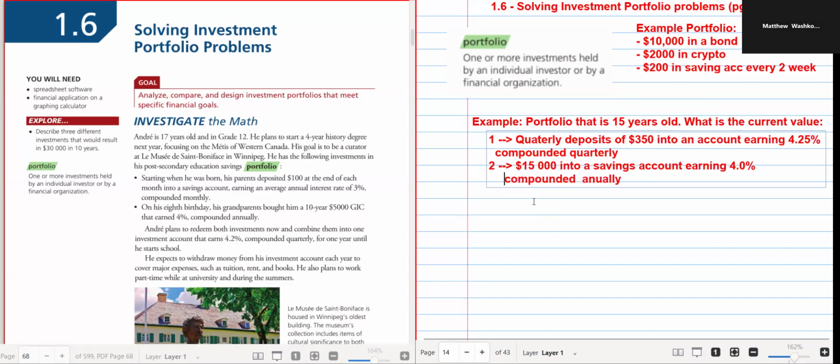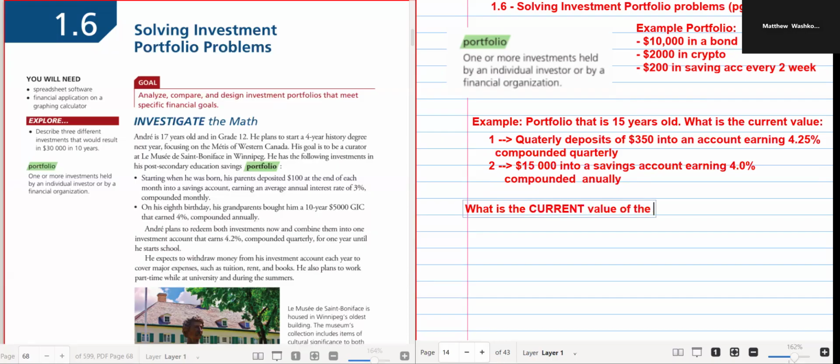So those are examples here. So what is the current value of the portfolio, right? Because this happened 15 years ago. So that's what we're doing. We're trying to find the current value of it.